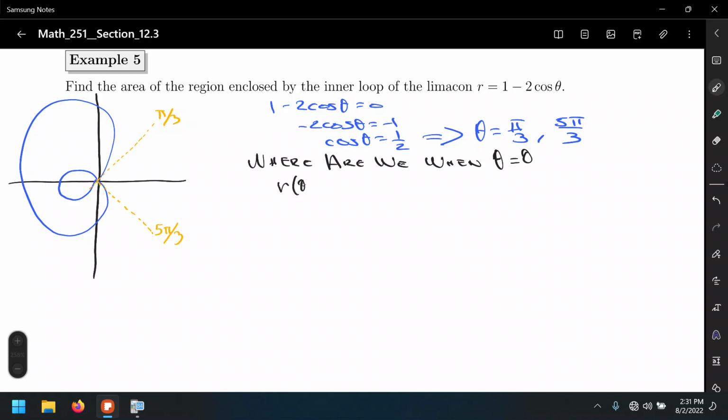So r of 0 equals 1 minus 2 cosine. And cosine of 0 is 1. So that's 1 minus 2 times 1, which is 1 minus 2, which is negative 1. So when the angle theta is equal to 0, we are at the point where the radius is negative 1 and the angle is 0.